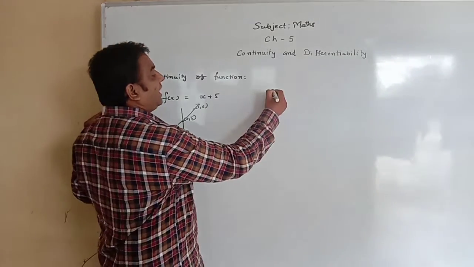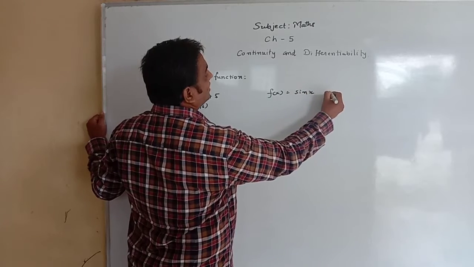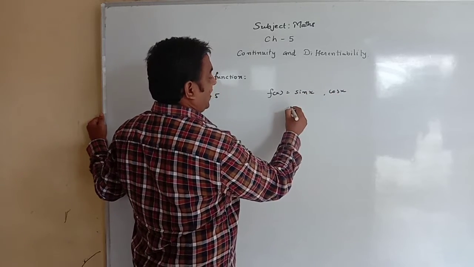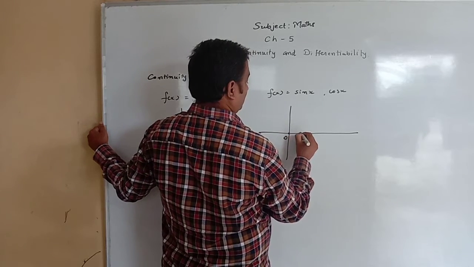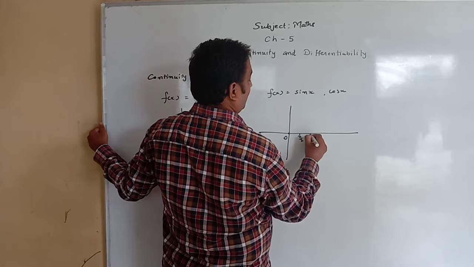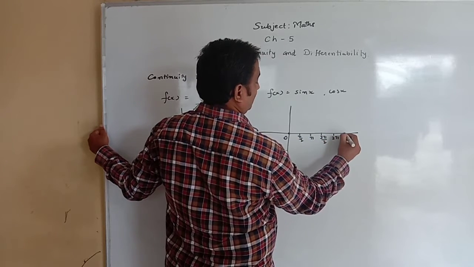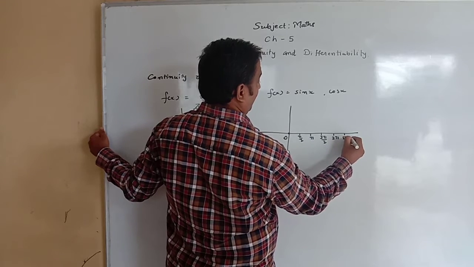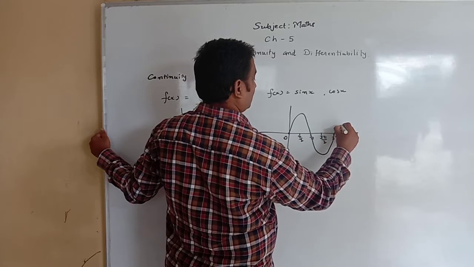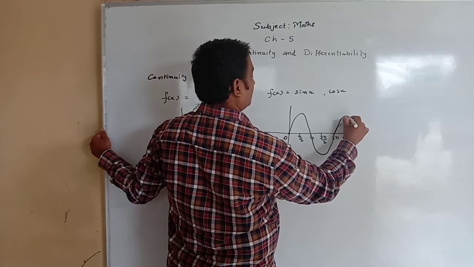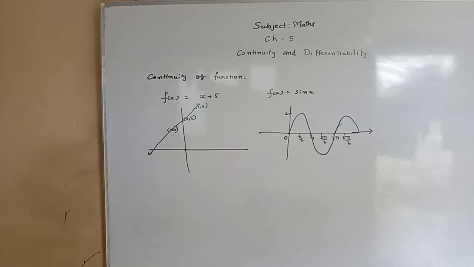Also we have studied the sine function graph and the cosec function graph. The sin x graph starts from 0, then pi by 2, pi, 3 pi by 2, 2 pi, then 5 pi by 2, and so it goes on and continues.